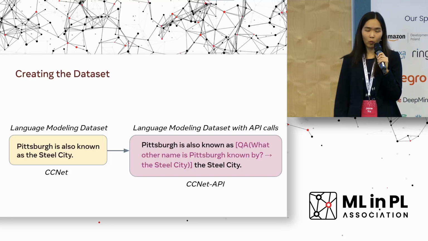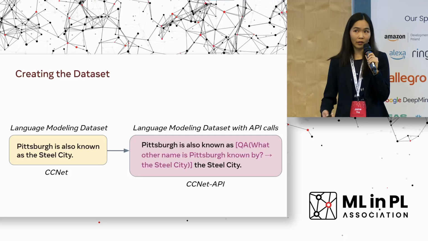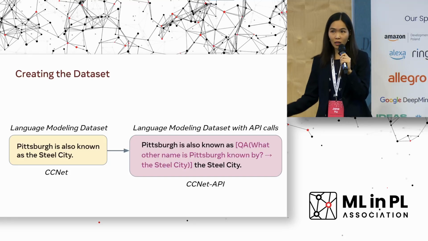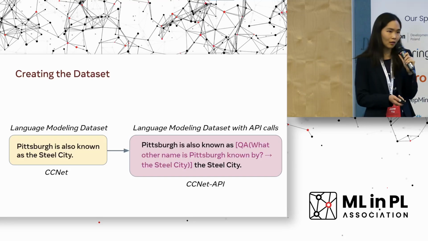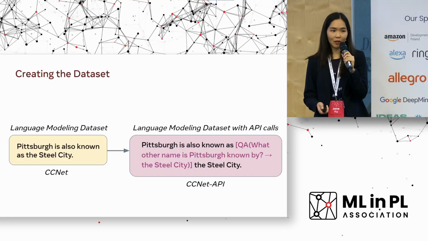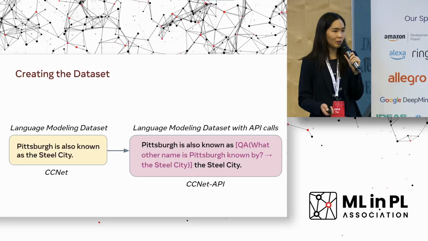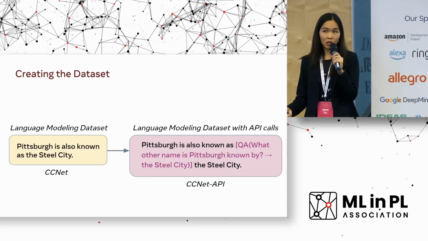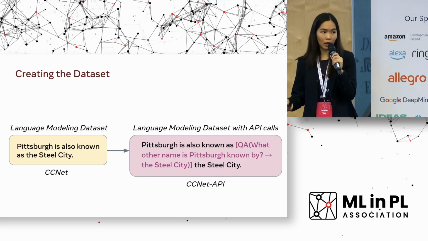And an ideal API call that we might want to put in here is what other name is Pittsburgh known by, because that would return the Steel City, which is useful for completing the text, which is the Steel City. And the data set that we use here is called CCNet. It's basically a lot of text from the web and so forth. And the data set that we get at the end of this process has those useful API calls.